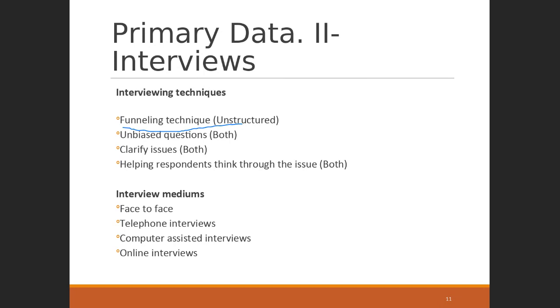For example, a question that could be asked would be, what are your feelings about working in this organization? From the responses to this broad question, you can ask further questions that are progressively more focused and more related to the responses given in the first question. So with the funneling technique, you can move from broad to more focused.